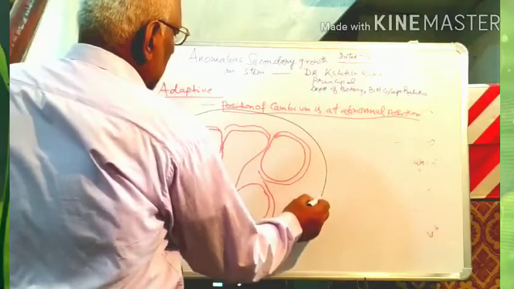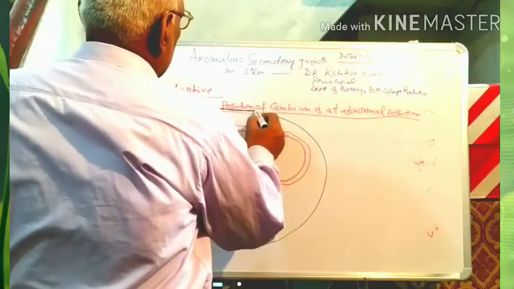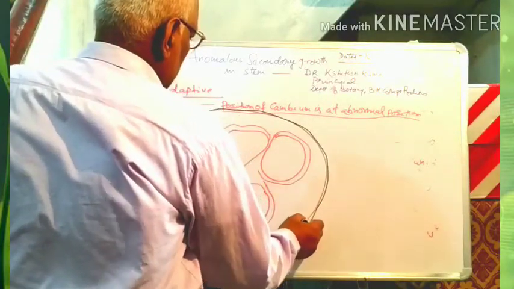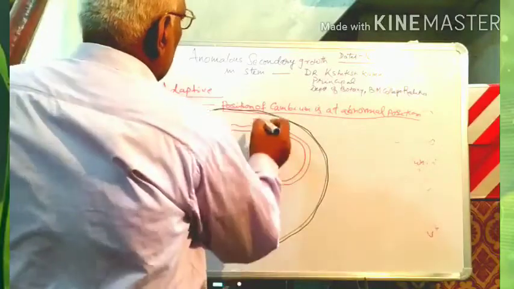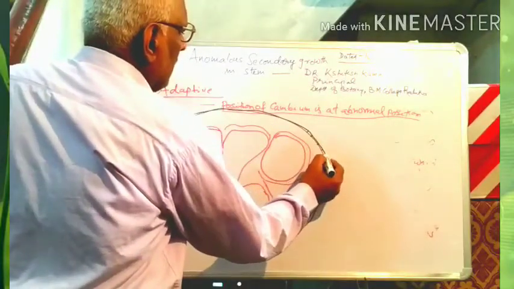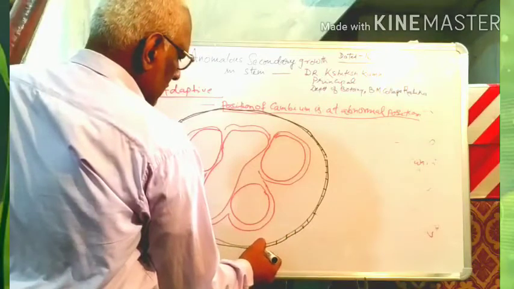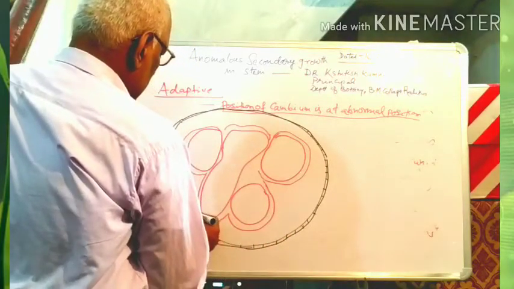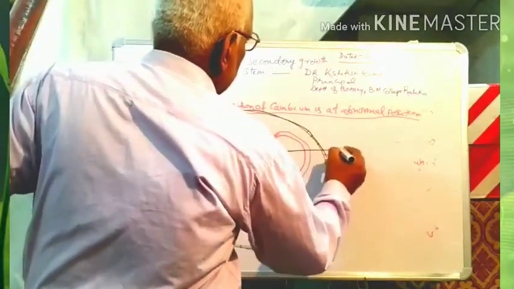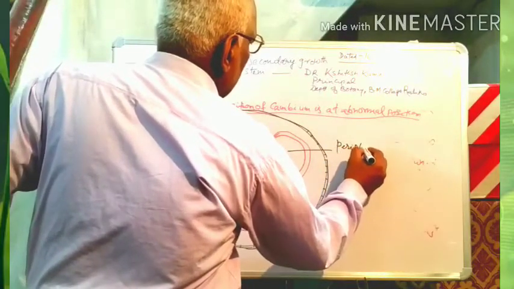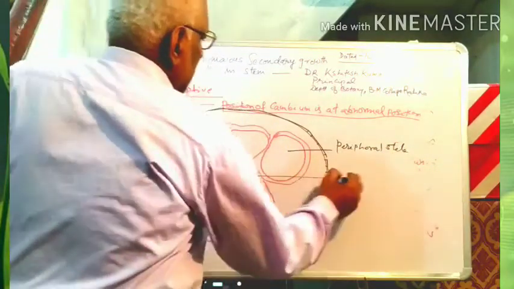Next, here is the epidermal layer. This is the peripheral stele. This is the central stele.